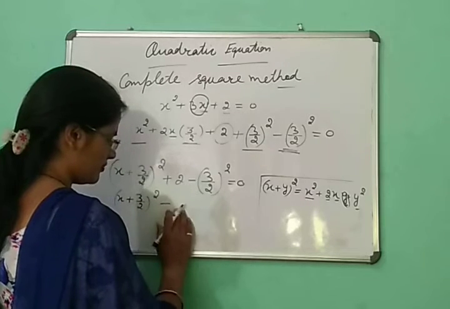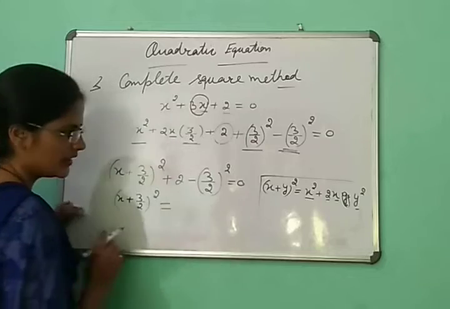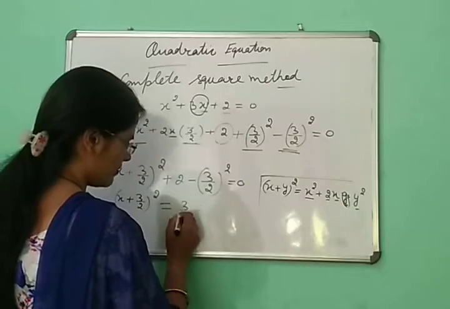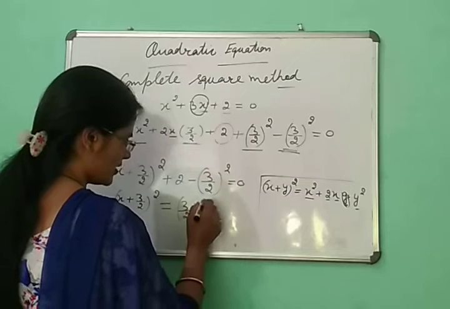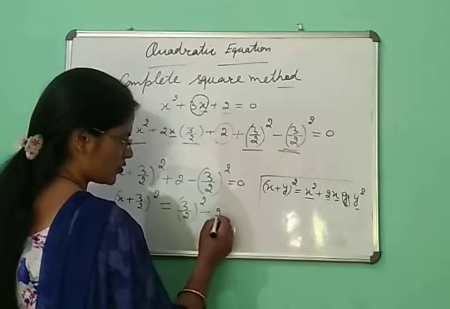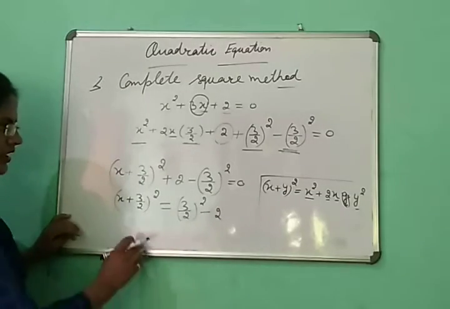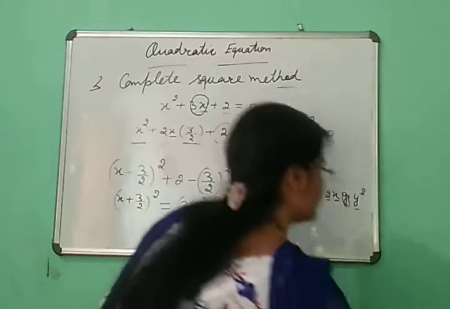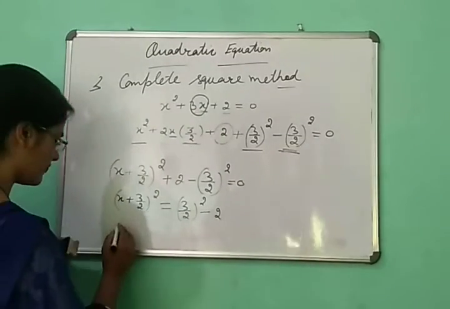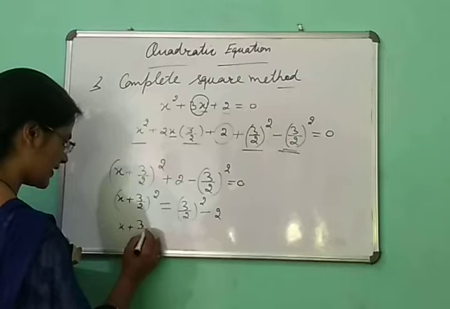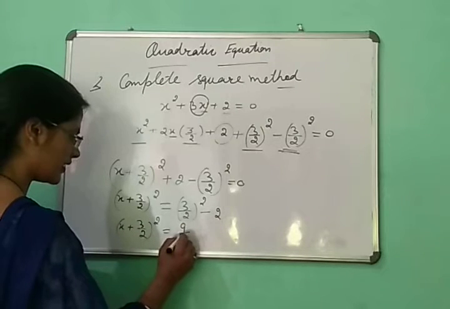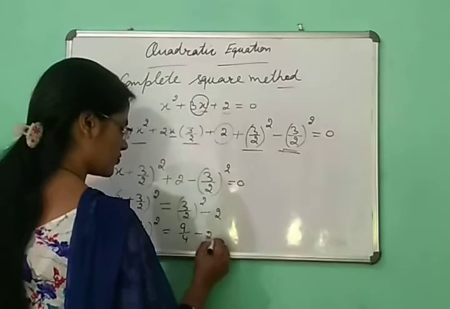This term we make equal to sign here and take the other terms on the right side. This one becomes 3 by 2 whole square, this sign becomes plus and this sign becomes minus, minus 2. Understand? Now x plus 3 by 2 whole square is equal to 3 3s are 9, 2 2s are 4, minus 2.